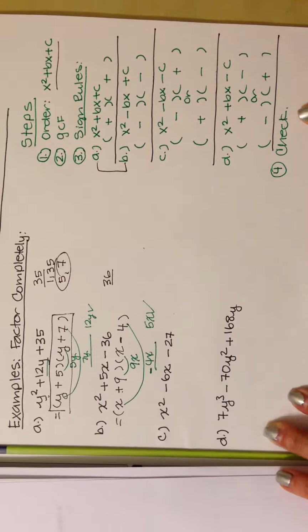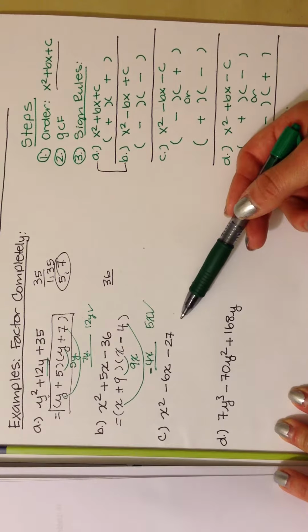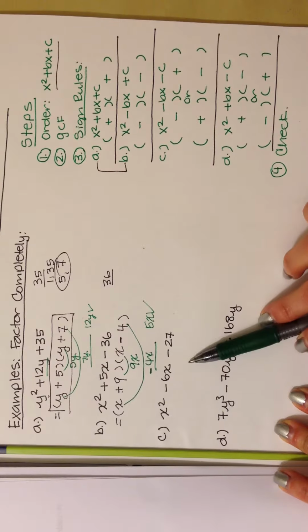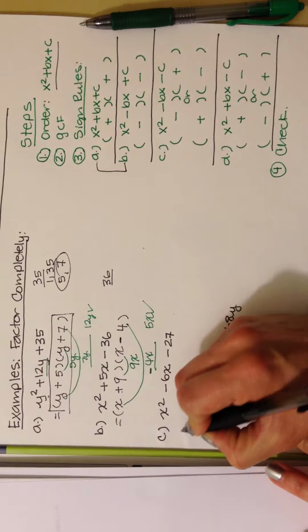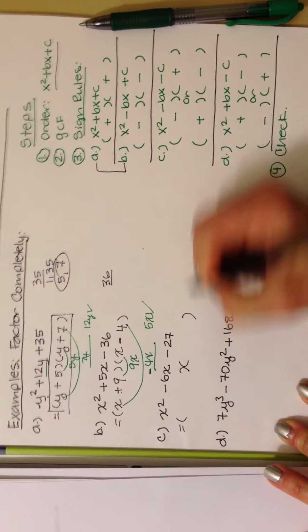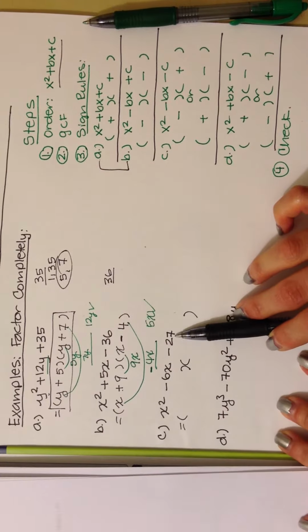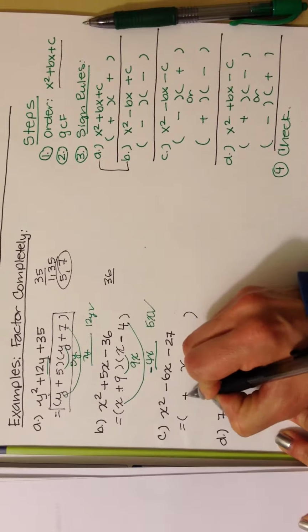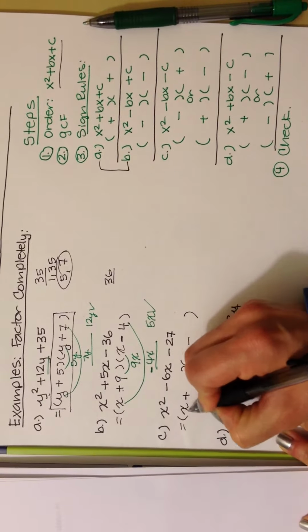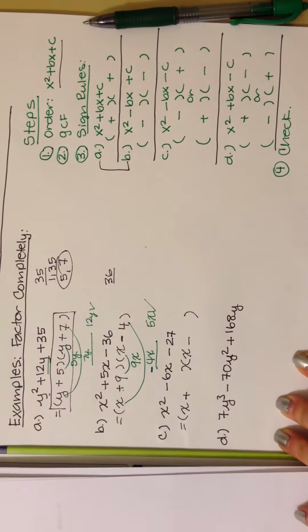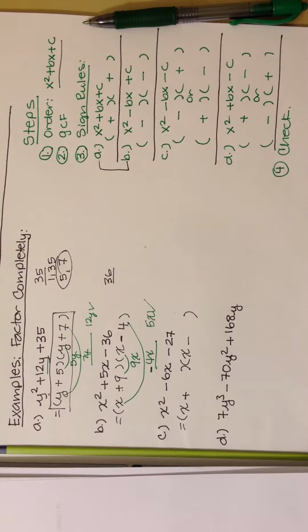Okay, next, example C. Again, in the correct order, no GCF, so again, 2 parentheses. That last number is negative, so I know I have opposite signs. x, x. We need factors of 27 that will give us a negative 6 when we subtract.